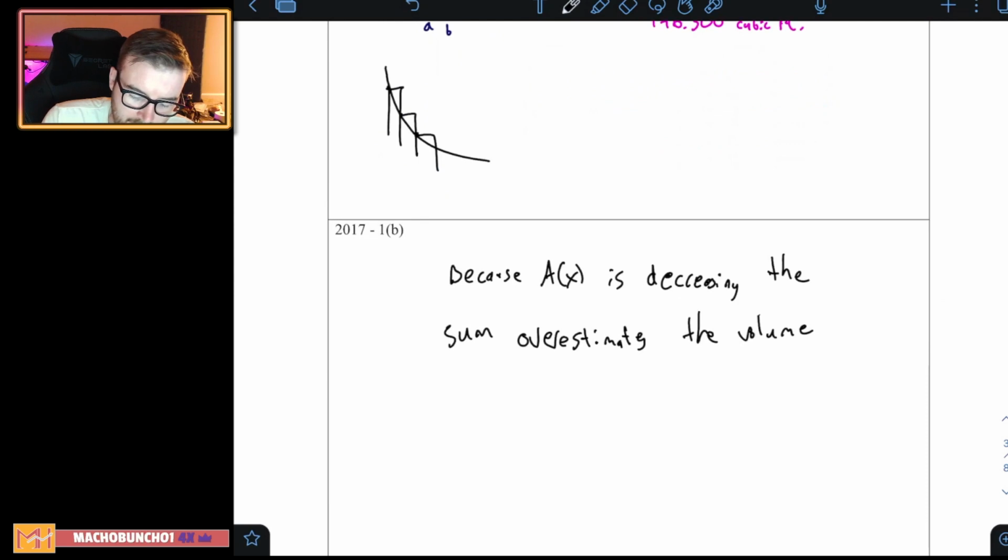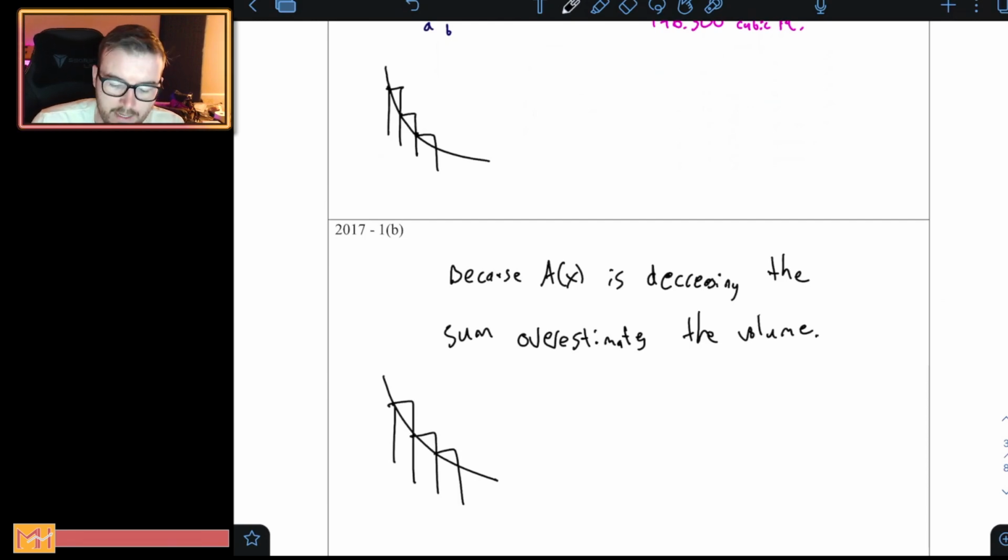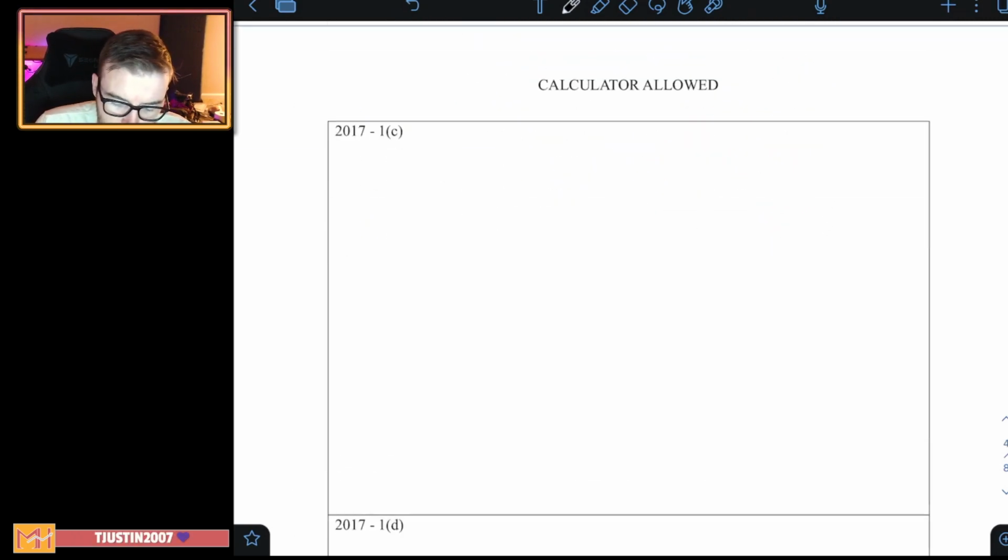So because these values are decreasing, our rectangles are overestimating. They are above the graph. And as far as getting into the nitty-gritty of how to earn the points on that, if I recall correctly, all you have to say is the fact that it's decreasing, that a of x is decreasing. Lovely. All right. Part C.